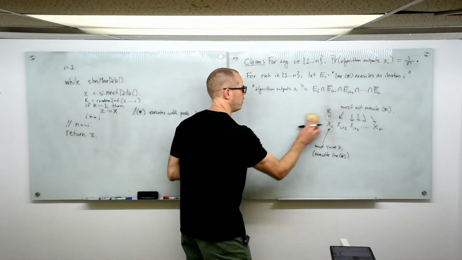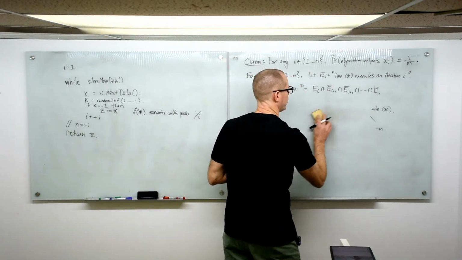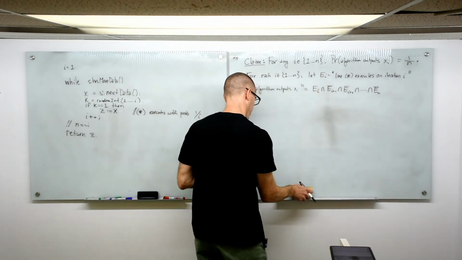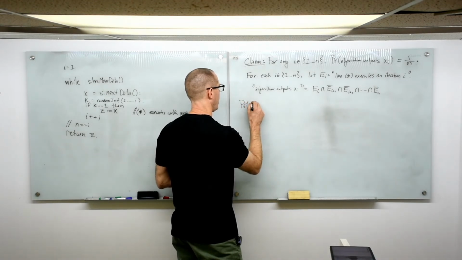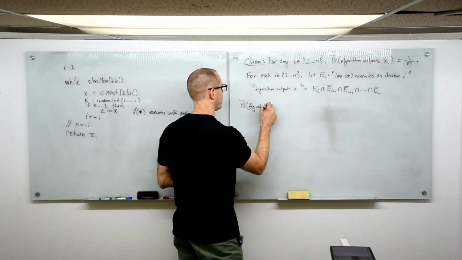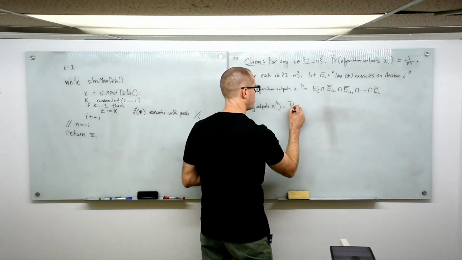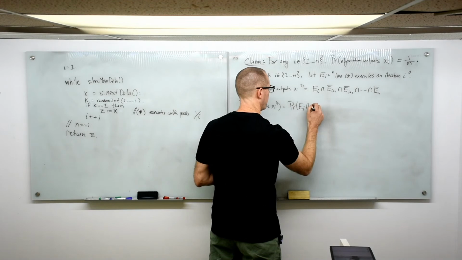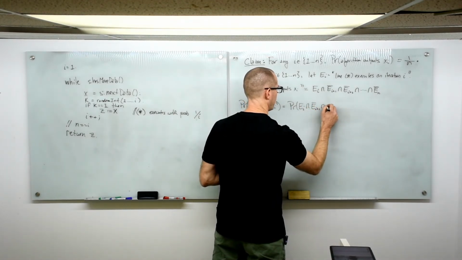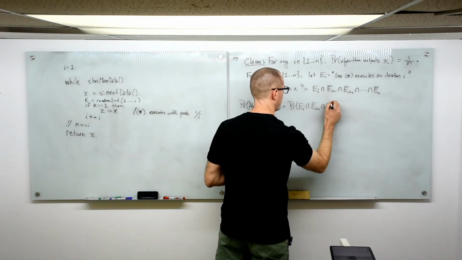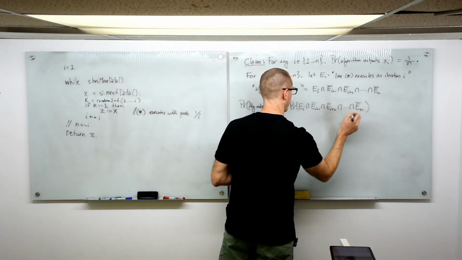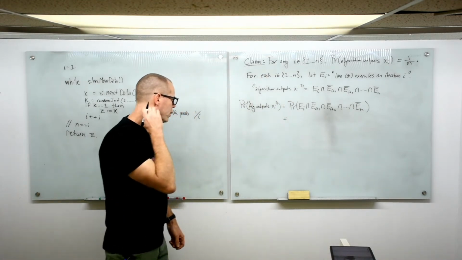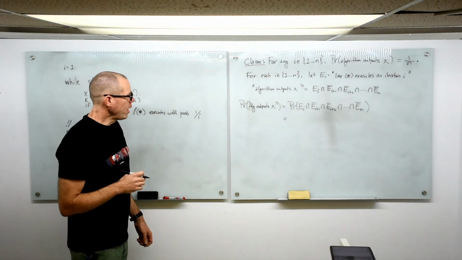So the probability that the algorithm outputs xi is going to be the probability of this conjunction.